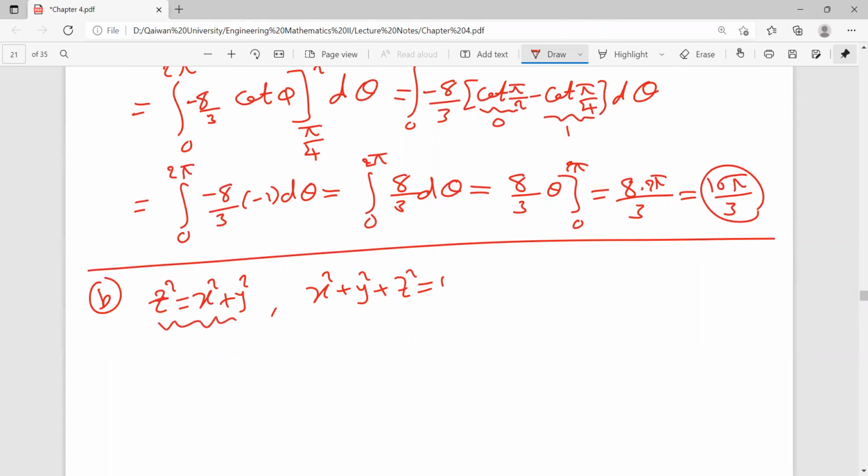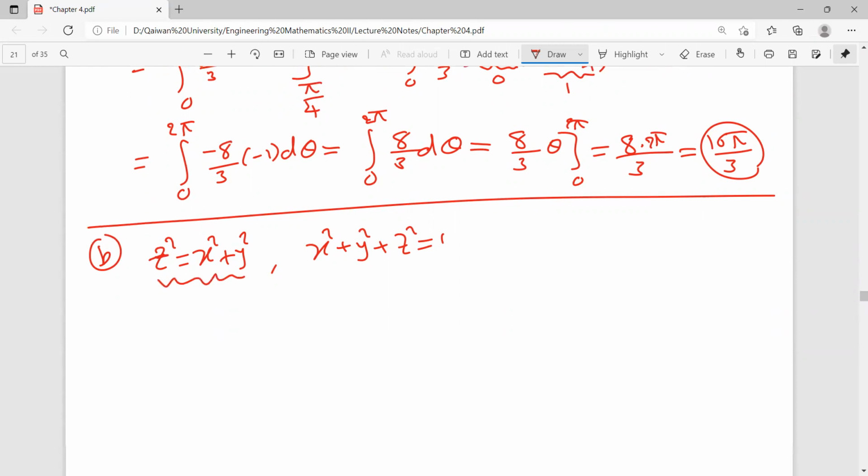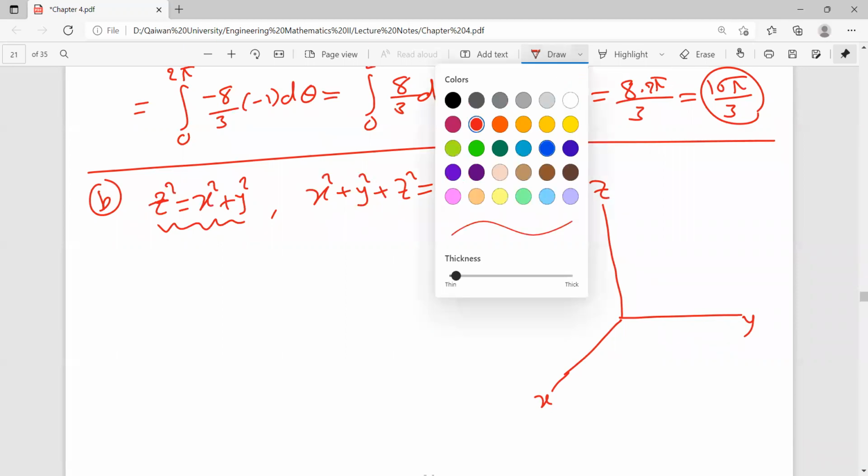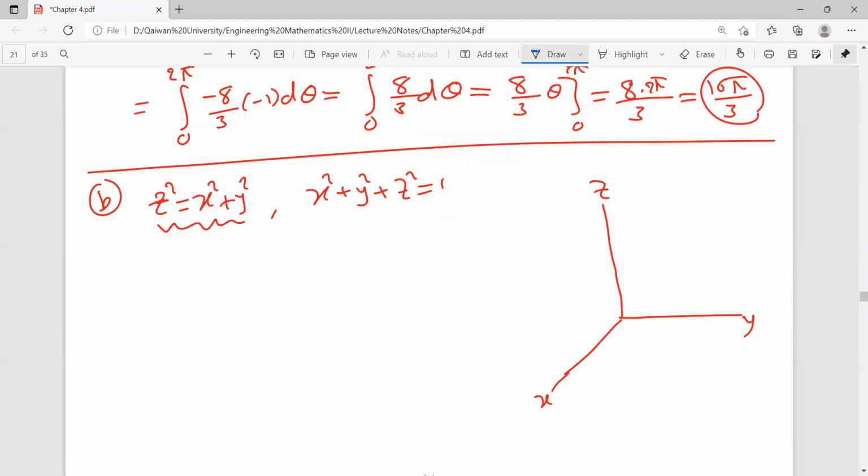This equation is the graph of a double cone, which is along the z-axis. I'm not going to talk about how to draw the graph of the cone, because we talked about this before in chapter 1. This is x, that's y, and this is the z-axis. It's a double cone, which means both above and below.